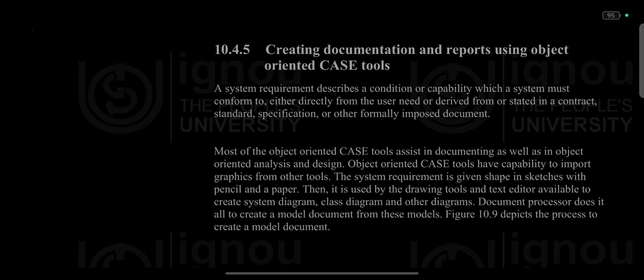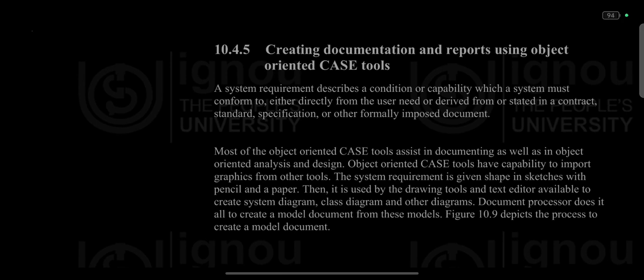Most of the object oriented CASE tools assist in documenting as well as in object oriented analysis and design. Object oriented CASE tools have the capability to import graphics from other tools.